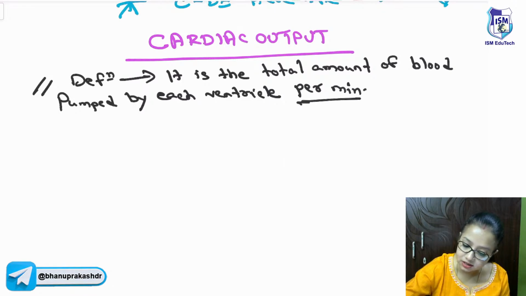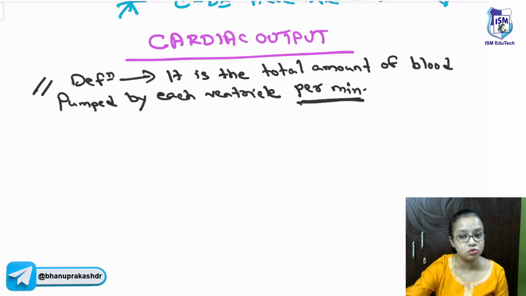Now, this is where is the biggest difference with the stroke volume. Stroke volume was per beat, whereas the cardiac output is per minute.